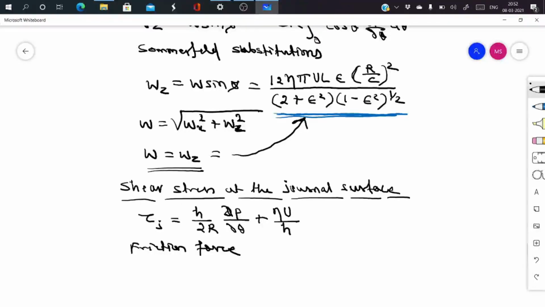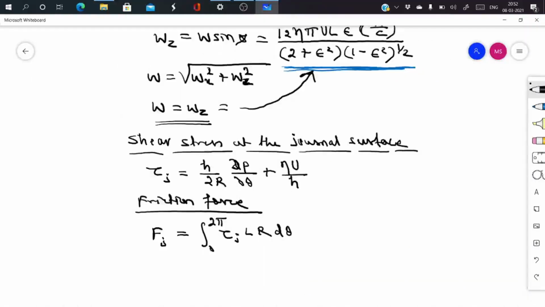So the friction force will be Fj equal to the integration from 0 to 2 pi of tau j L r d theta. Okay, now from here you will get the friction force as this.